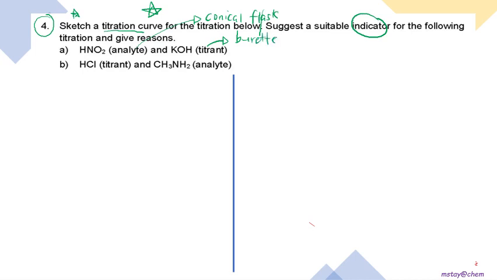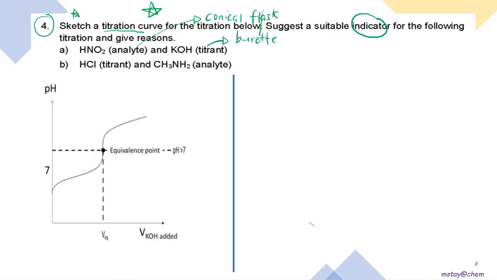So for the pH curve, the pH will be plotted against the volume of substance added. Since from here we know that KOH is in the burette, that's why here we will place the substance which is in the burette. In the conical flask, initially we have the HNO2, which is the acid.